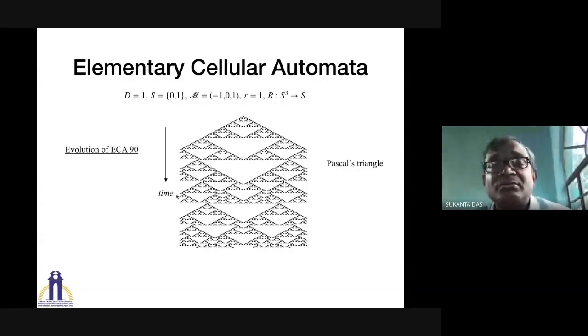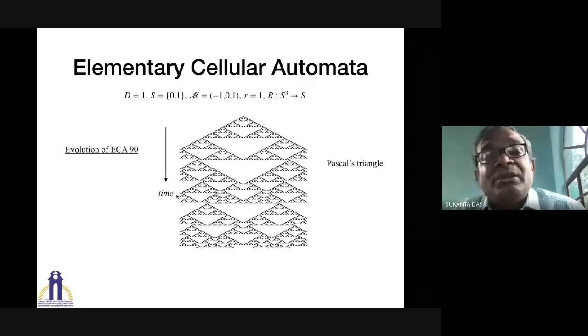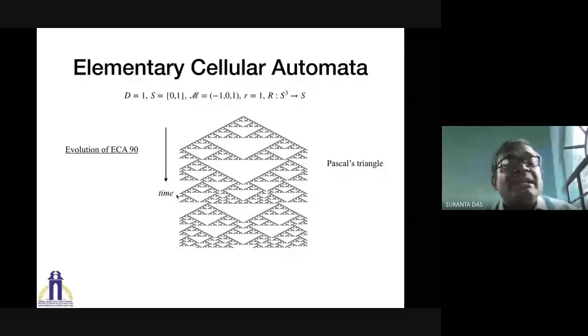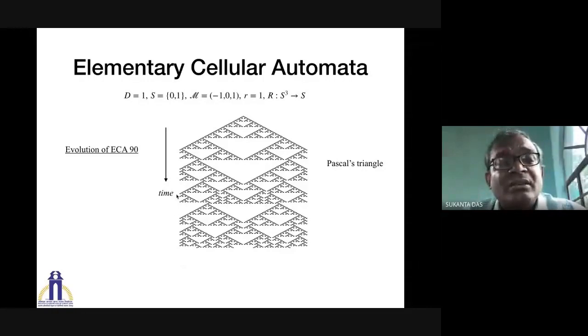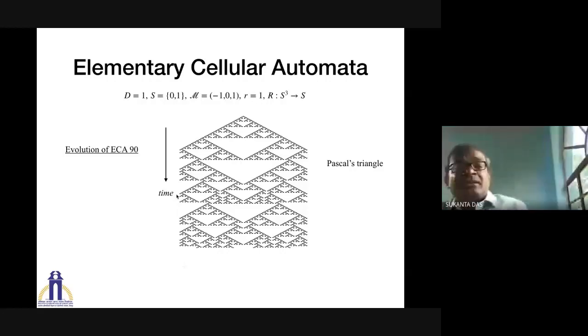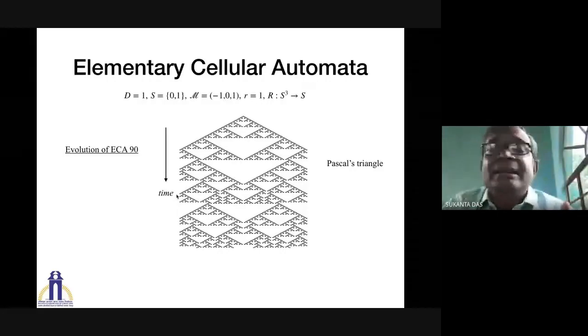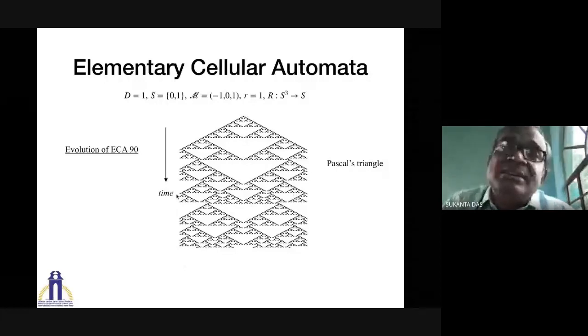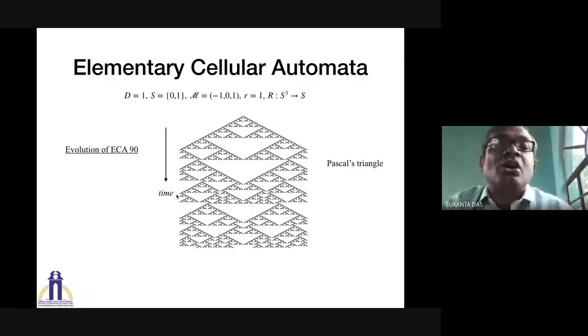This kind of complex structure, I don't know whether you call it beautiful or not, you can also call it a chaotic structure, you can get from the evolution of EC90. Apparently EC90 is very simple. If you look at the table, EC90 just adds the left neighbor state and the right neighbor state and does the modular operation.